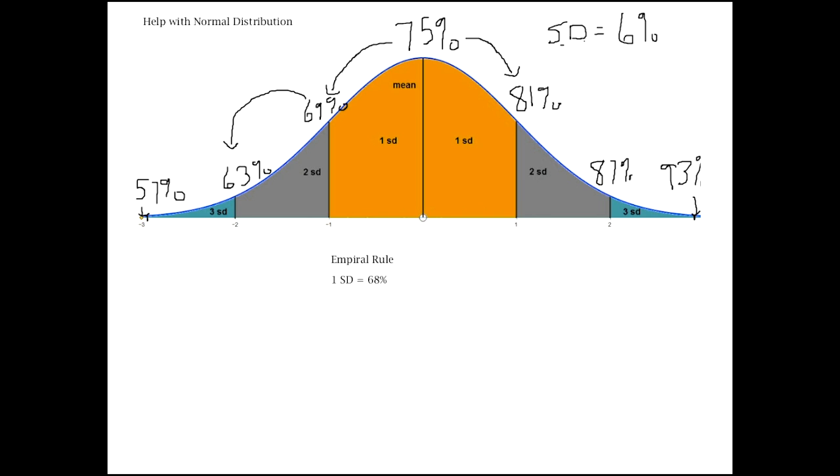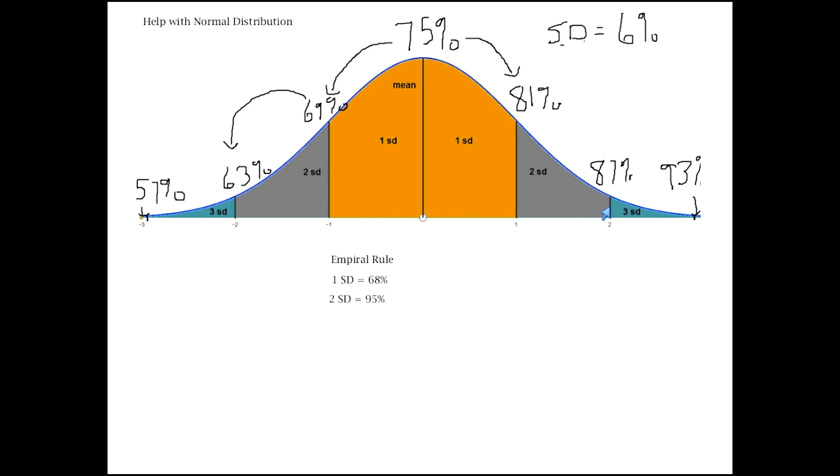Continuing on, if we are 2 standard deviations away, because this is a normal distribution, the empirical rule tells us, look, 95% of your data is within 2 standard deviations. Always. Because it's a normal distribution. It's a rule. Something we know must occur.